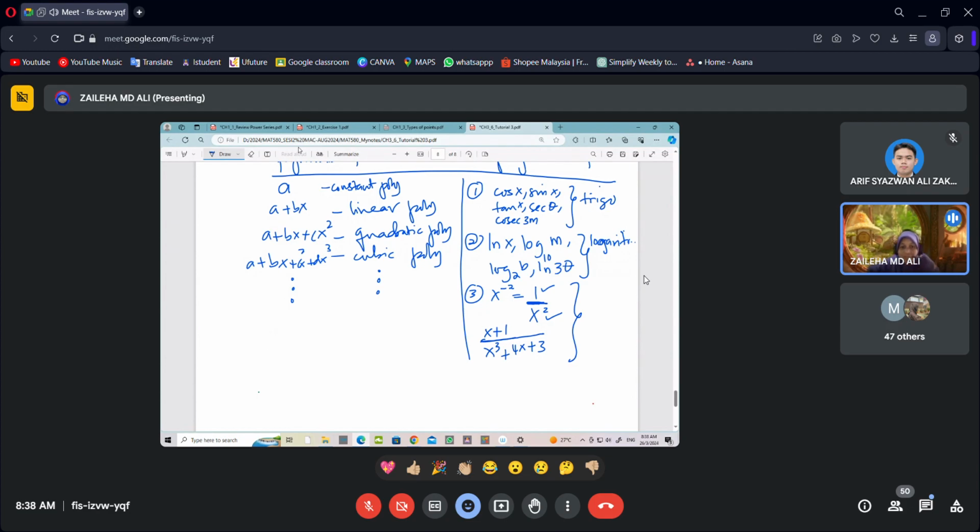Sebab Abang Long dah kahwin dengan Kak Lang. So that will be a different family. Kita panggil family apa ni? Rational function. This is no longer a family. Sama lah macam kita, whenever you have a son, marry another one, they will form another family.